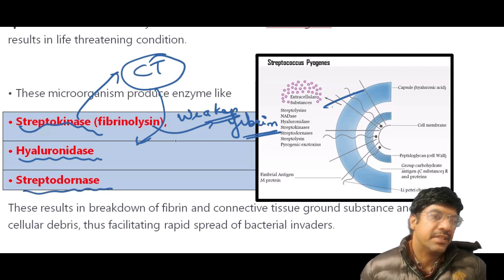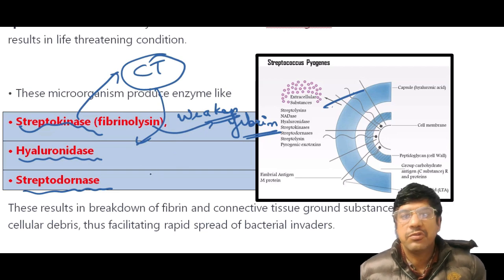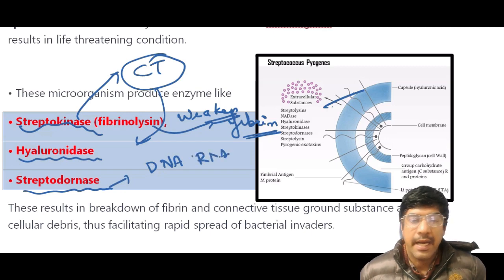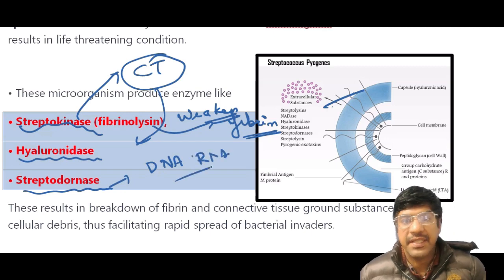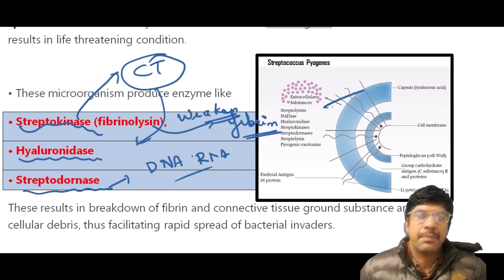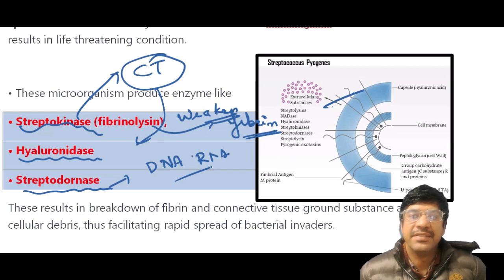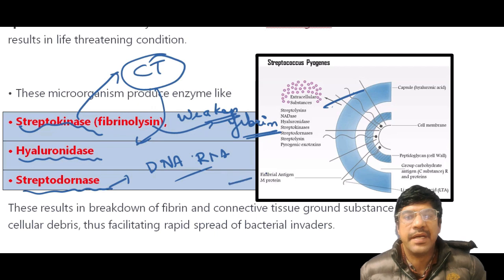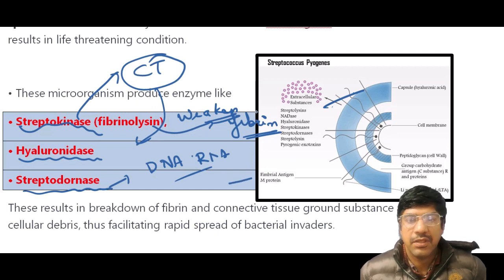The third is streptodornase. Streptodornase is an enzyme that breaks down DNA and RNA that is present in the cellular debris. By lysing the cellular debris, streptodornase will assist the breakdown of the dead cells and tissue remnants that can contribute to the rapid spread of the bacterial invaders.